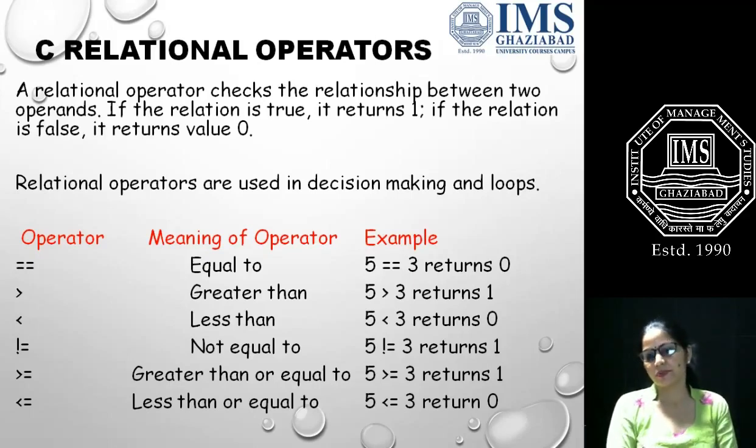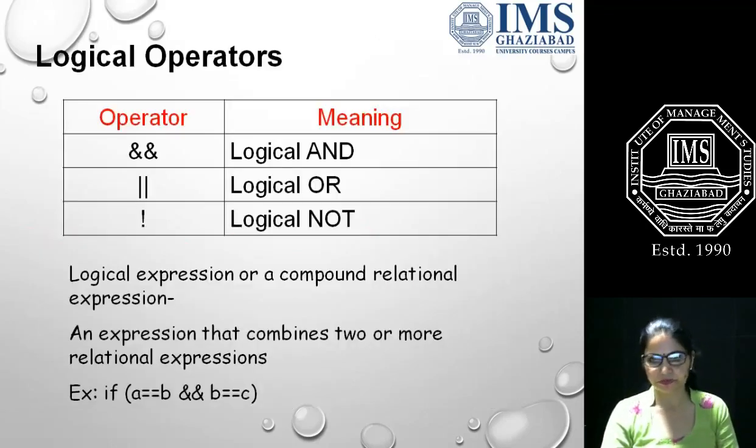And 5 less than equal to 3 would return a 0 value. So these are the 6 relational operators, and these are generally used for looping and decision making tasks.